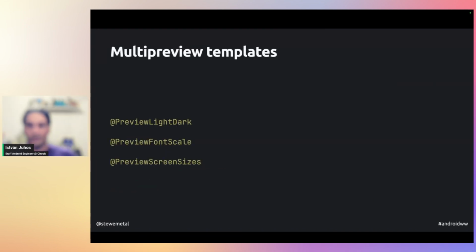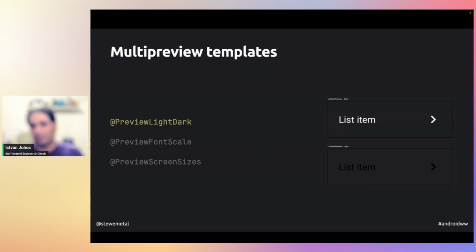Okay. Great thing is that there are some multi-preview templates predefined in the AndroidX tooling, so the Jetpack Compose tooling. There is preview light dark, which you can use freely in your code. The obvious issue here is that multi-preview annotations can't have parameters because of how annotations work.